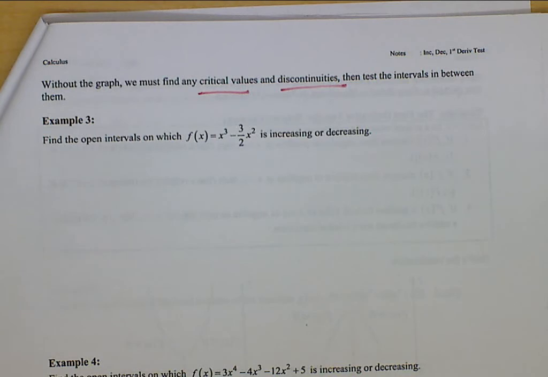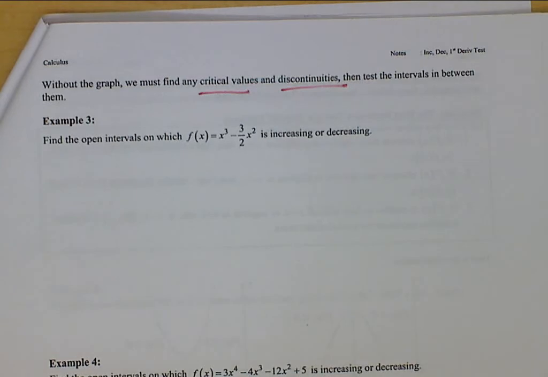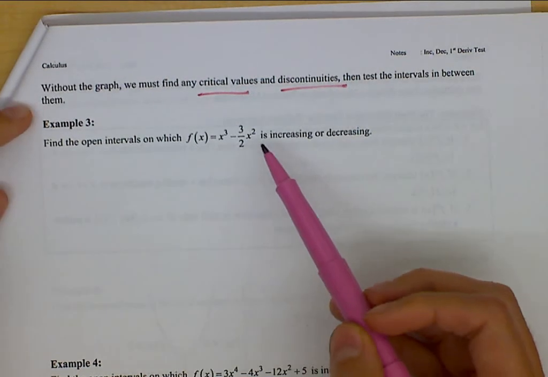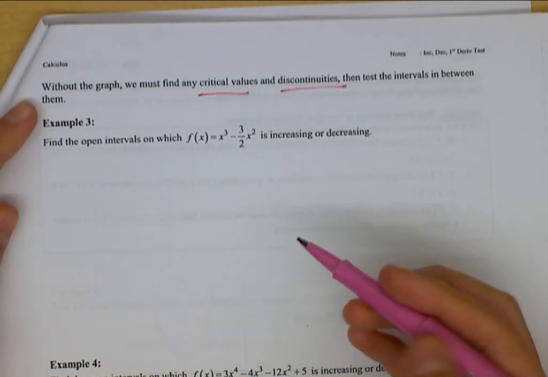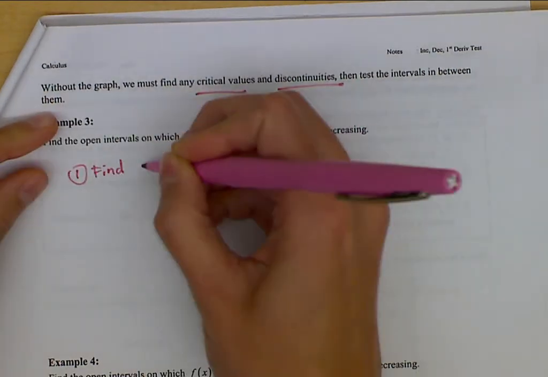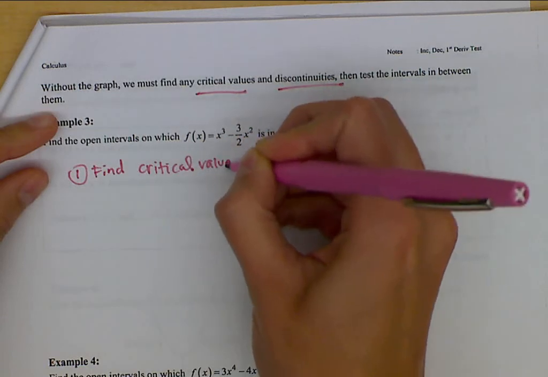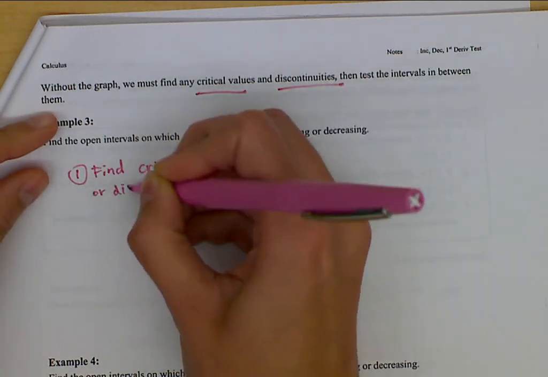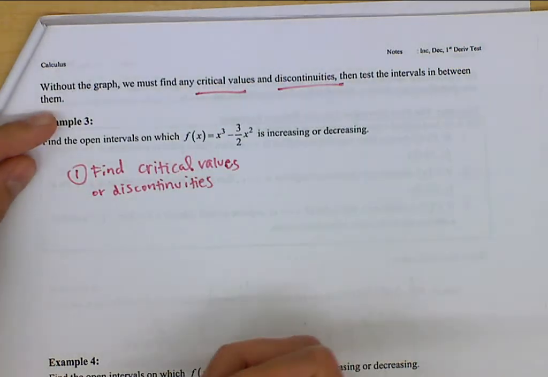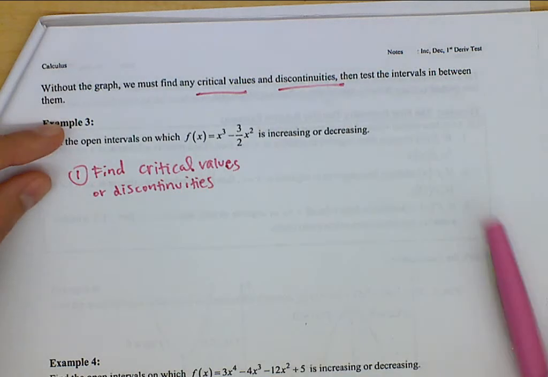In example 3, it says, find the open intervals on which f of x equals x cubed minus 3/2 x squared is increasing or decreasing. Step 1 is to find critical values or discontinuities. There are no discontinuities here, so we don't need to do that.